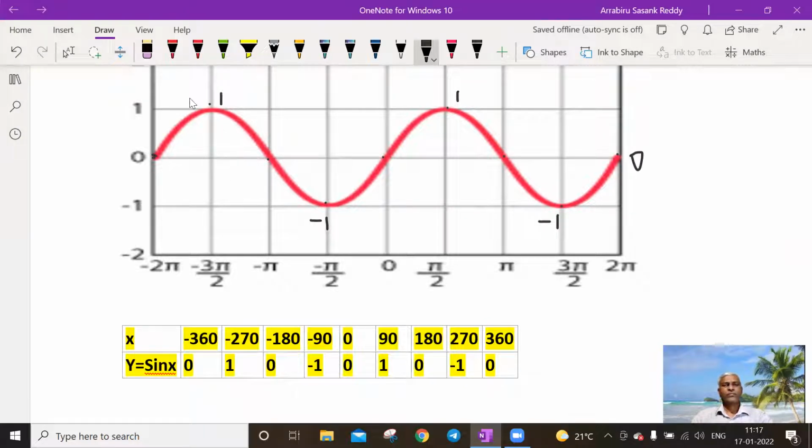You can clearly observe the graph. Graph lies in between plus 1 and minus 1. This below line is minus 1, above line is plus 1. This is the range of a sine function, minus 1 to 1. It cannot go beyond 1 or minus 1, below minus 1 and above plus 1. That is why the range of sine function is minus 1 to plus 1. So the values lie in between minus 1 and 1.